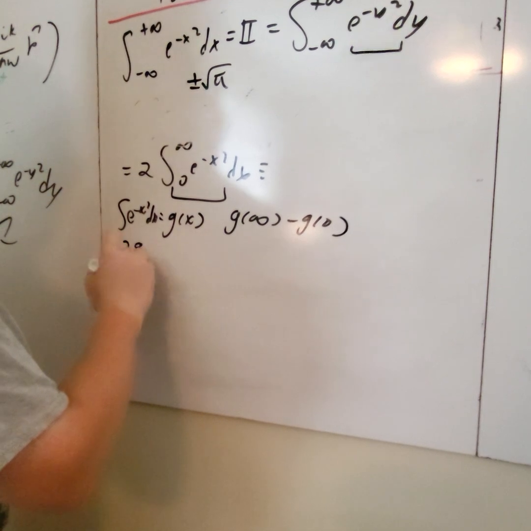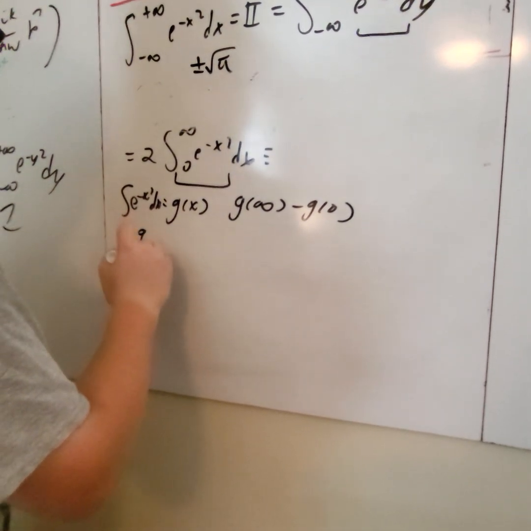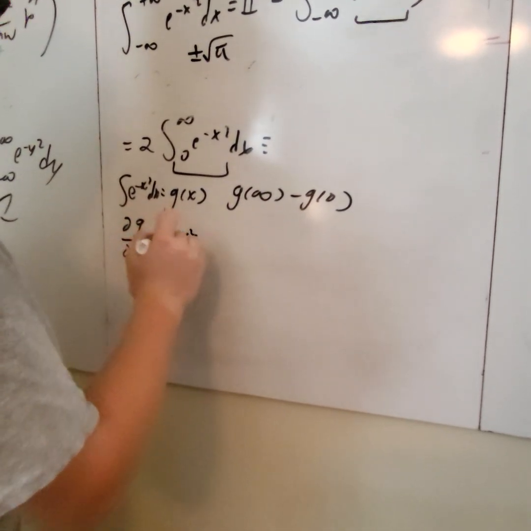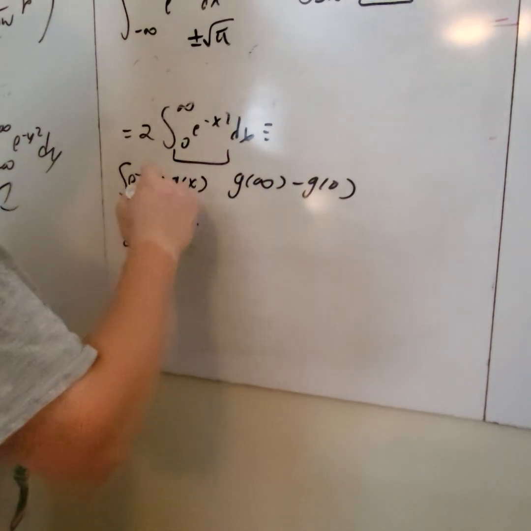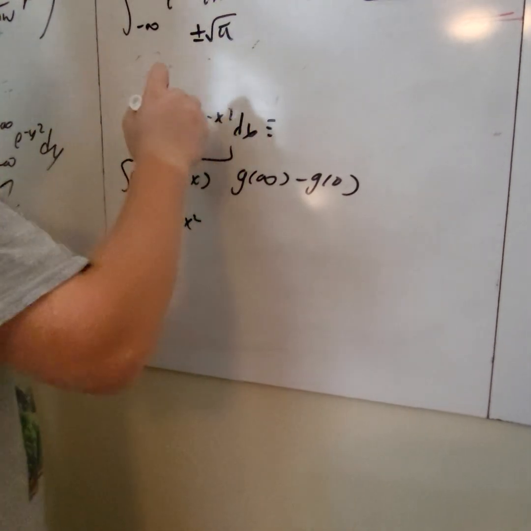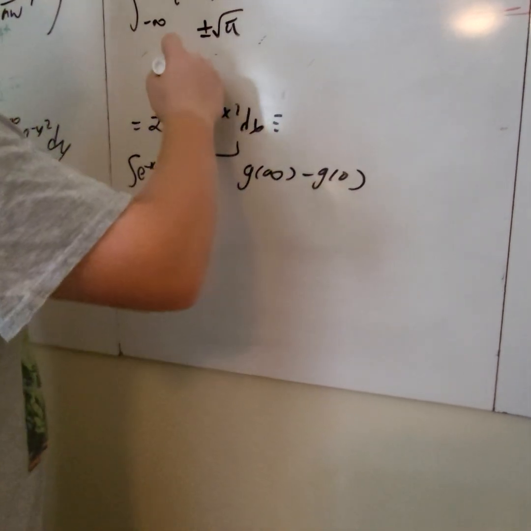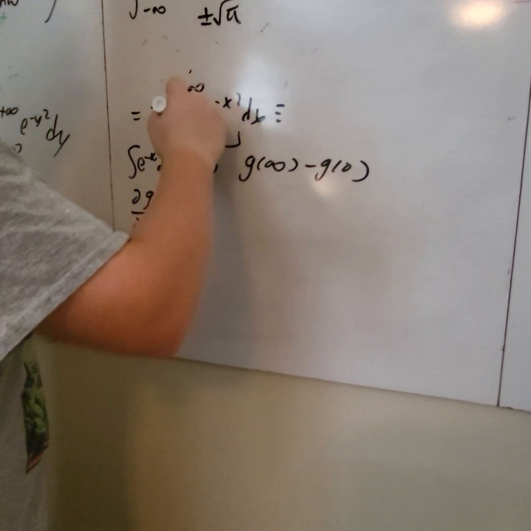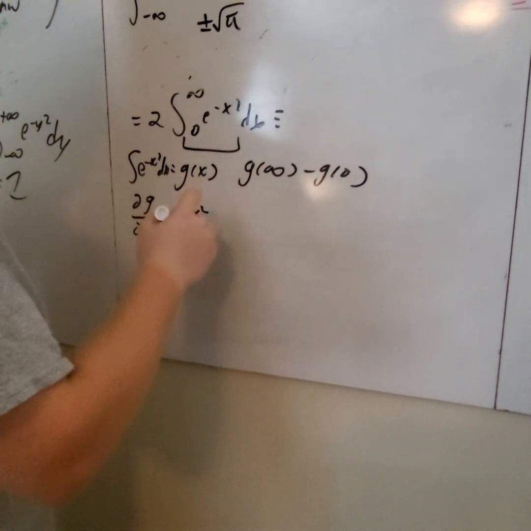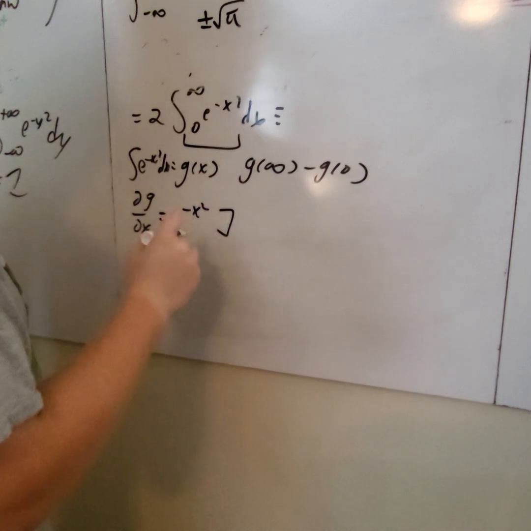Well, the derivative of g of x is just, by definition, e to the power of minus x squared. Over the entire bounds, from 0 to infinity, this is a positive number.